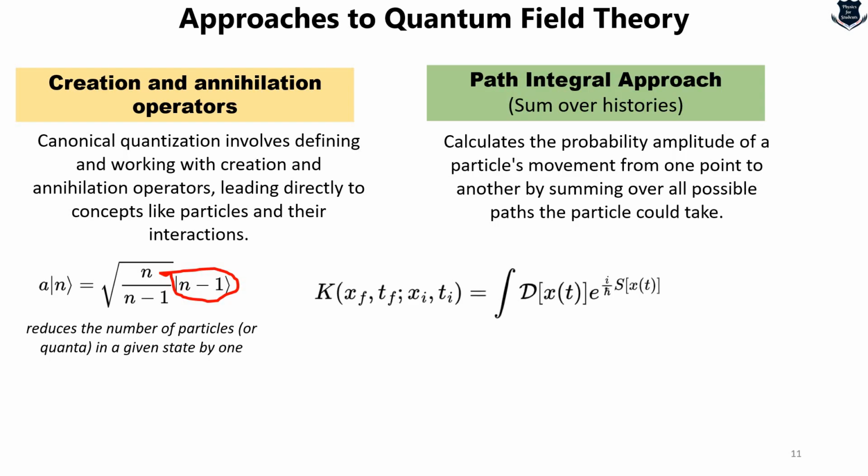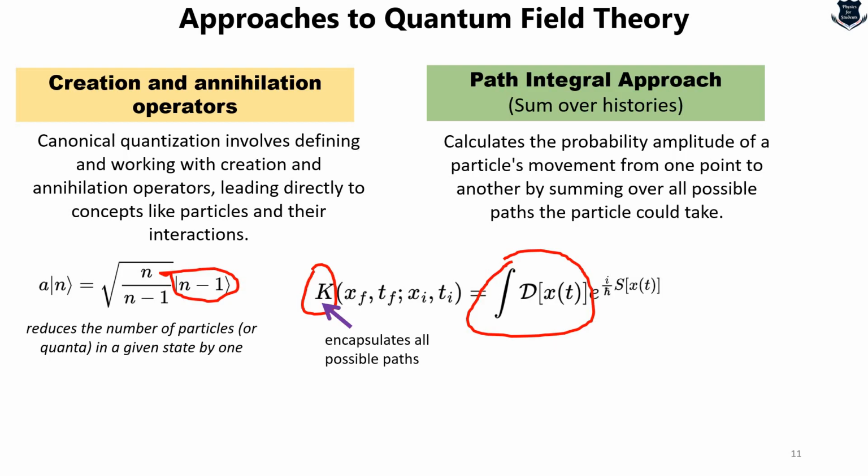If I take the fundamental equation of the path integral approach in quantum mechanics, here you can see this K. What is this K? This K is the propagator, and it encapsulates all possible paths, each weighted by a phase factor, exponential of i S over h bar.